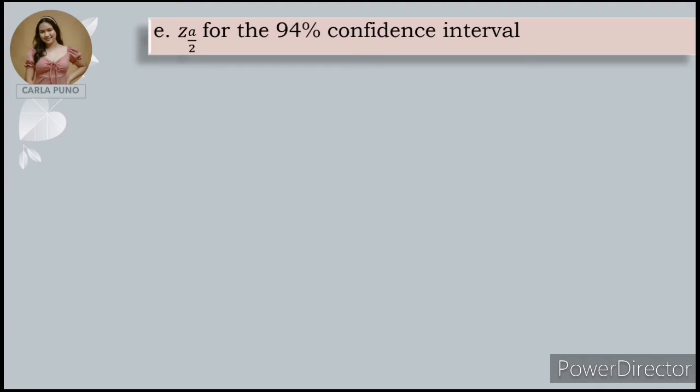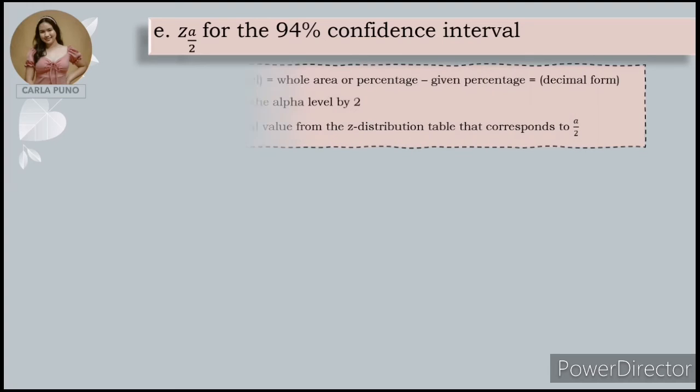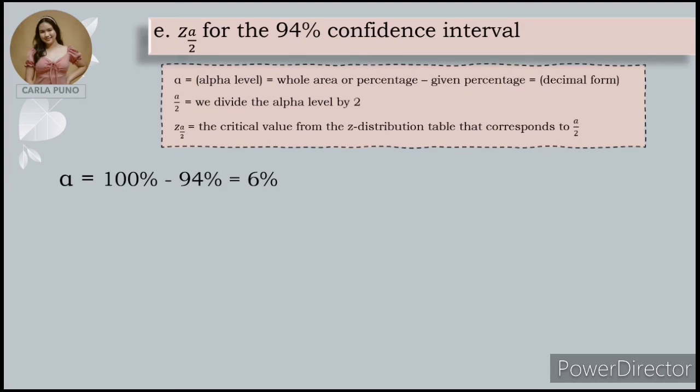And lastly, we have letter E. Z sub alpha divided by 2 for the 94% confidence interval. We solve for our alpha. We have 100% minus the given percentage, which is 94%. We have 100 minus 94% equals 6%. Then we divide it by 100 to get its decimal form. We have alpha equals 0.06.